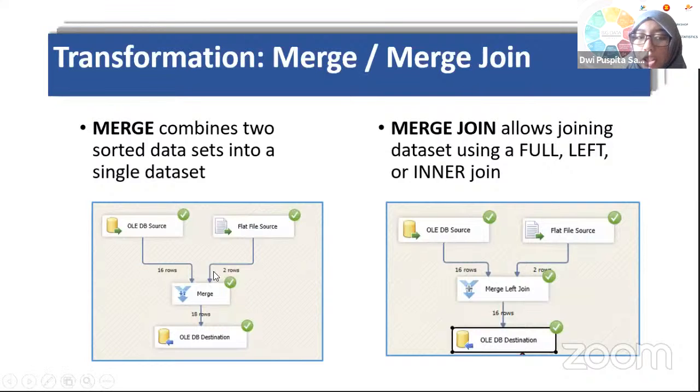In the merge, you see that the number is 16 plus 2, so it's 18. But for join, since sometimes you add a new column instead of adding new rows, the rows stay the same, or even decrease sometimes if there is no match. Maybe it will be clearer when we practice later. Okay, that's for merge and merge join.